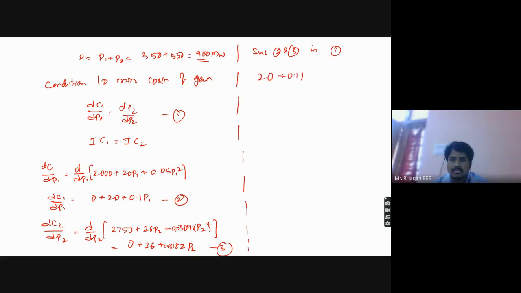This gives 26 plus 0.06182 P2. From the total load, P1 plus P2 is equal to 900 megawatts, correct? From this, any value you can substitute in this equation and you will get P1 or P2. Give me the values of P1 and P2.